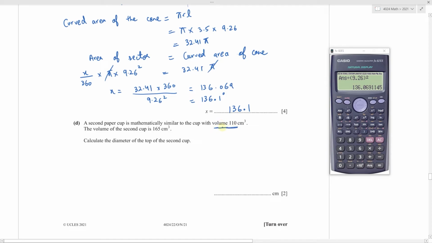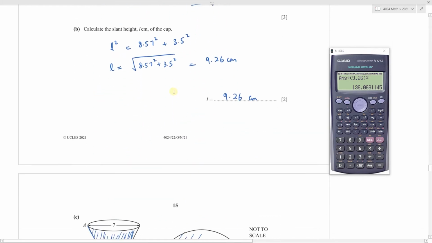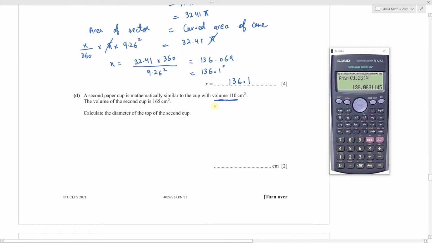So you have this original cup which has volume 110 centimeter cube, this one which was given before, which has this diameter 7 and volume 110 centimeter cube. Now this other cone, maybe it's a little bigger because the volume is greater. So this volume is 165 centimeter cube, and you have to find the diameter.